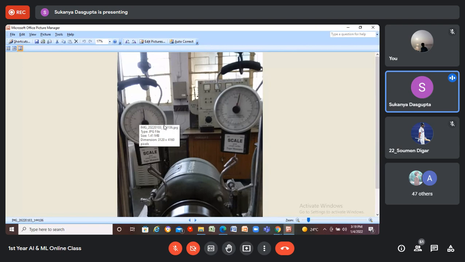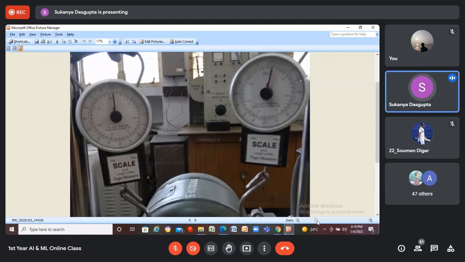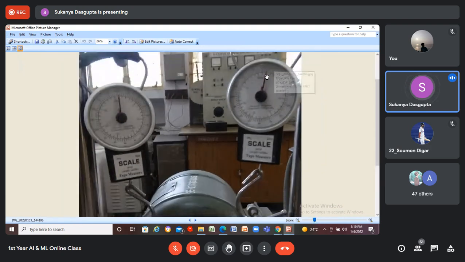See, this is S2, which I have fixed at 0 kg, and I have changed the load, say S1. It is not possible to measure from this picture, but you can see this is the center line, 0 kg, and this is 5.